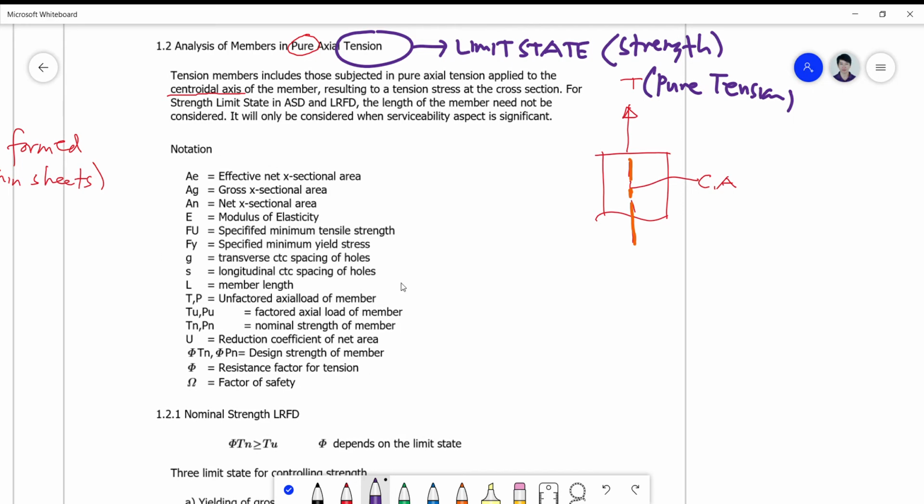So for the notation, I'd like you to familiarize yourself with the following variables as defined, and we will be familiarizing ourselves with these as we go along with the computation. But of course, the more important thing here is you know what E means: the effective, the gross, the net.